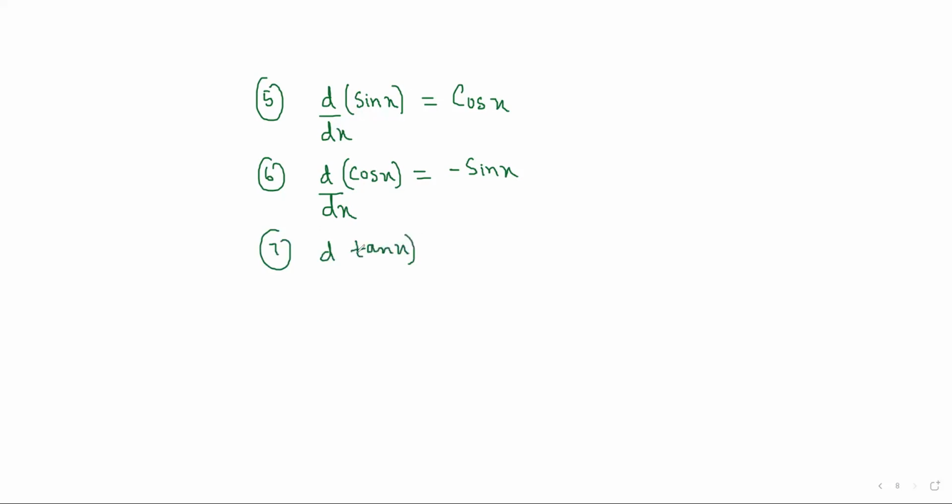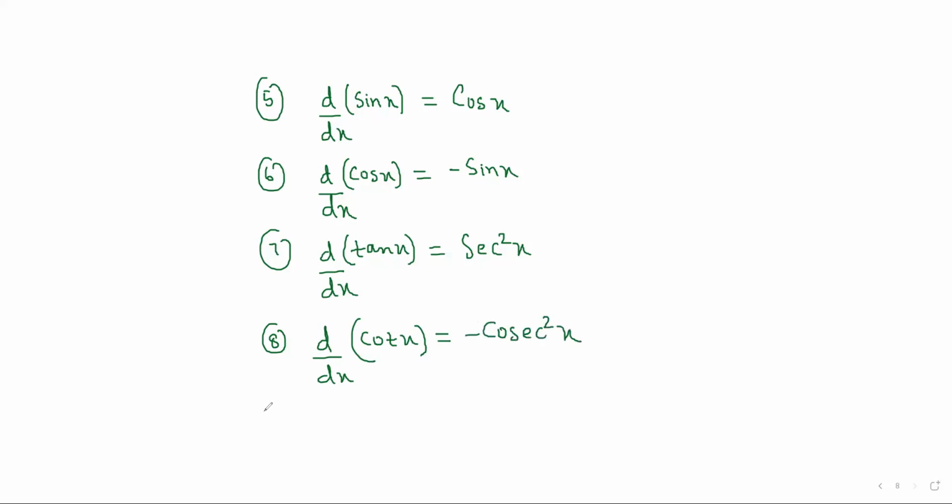Differentiation of tan x is equal to sec square x. Differentiation of cot x is equal to minus cosec square x.